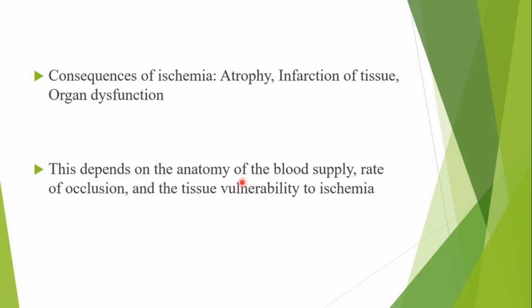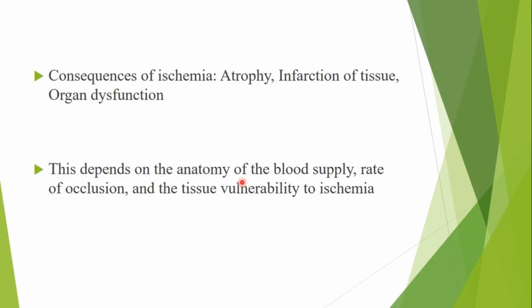So regarding the anatomy of the blood supply, I can say that the presence or absence of an alternative blood supply is the most important factor in determining whether occlusion of an individual vessel causes damage. We have tissues in our body that have dual blood supply, like the lungs and the liver. So the lungs receive blood from the bronchial circulation and from the pulmonary circulation as well.